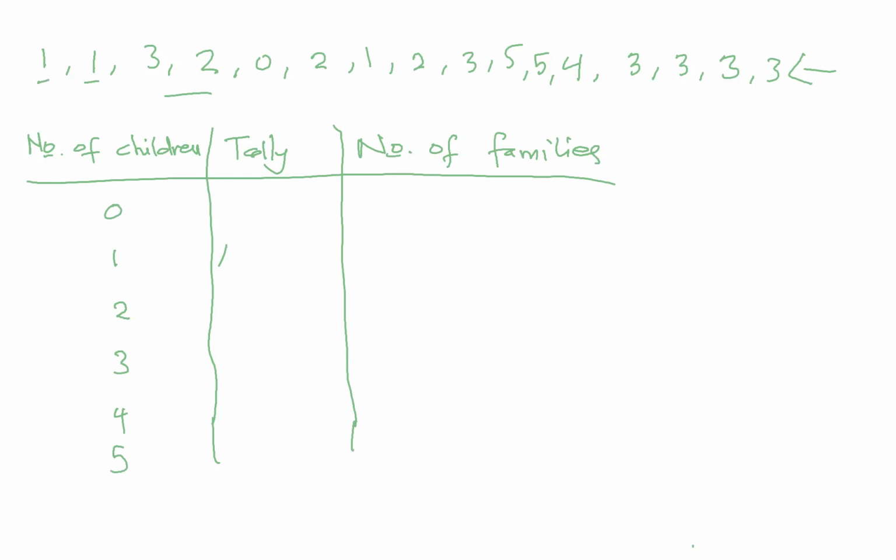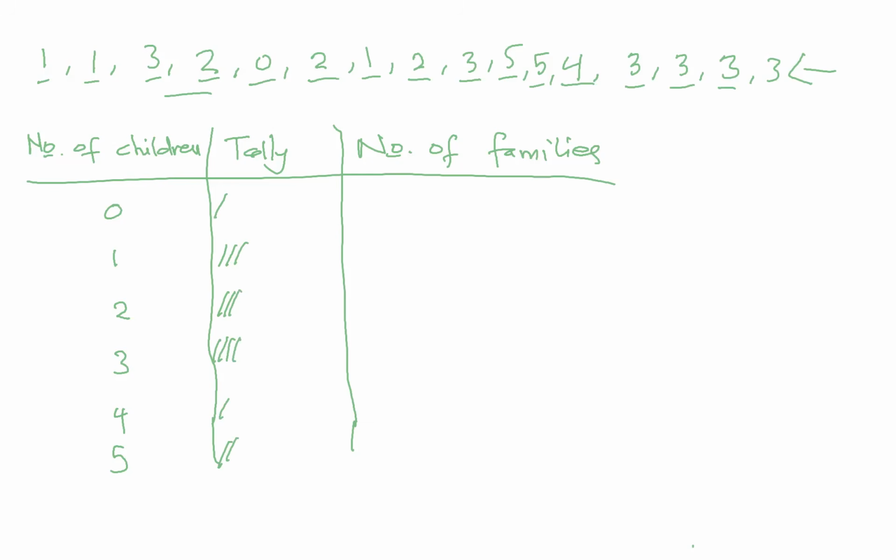Then we have 1, and then 3, and then 2, then 0 against 0, 2, 1, 2, 3, 5, 5, 4, 3, 3, 3. Now this is a fifth count of 3.